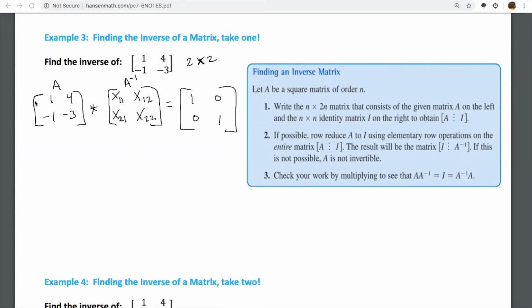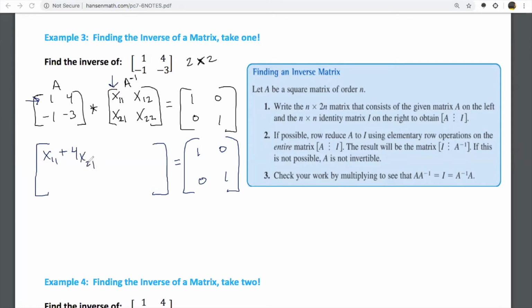If we do row 1 times column 1 and put it in the form of a new matrix, still going to be equal to the identity, we will get the following. We'll get 1 times x11 is x11, plus 4 times x21 is 4x21.